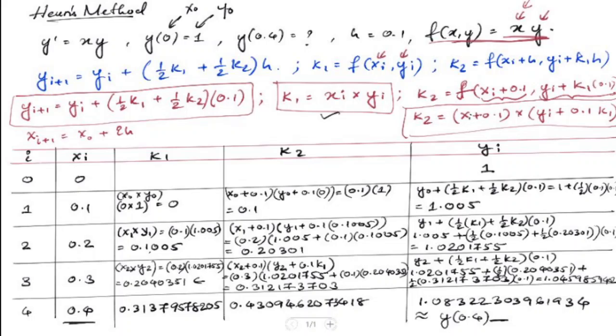Now let us calculate the exact value of this. So first let me write here that y of 0.4 is actually 1.0832230396194.